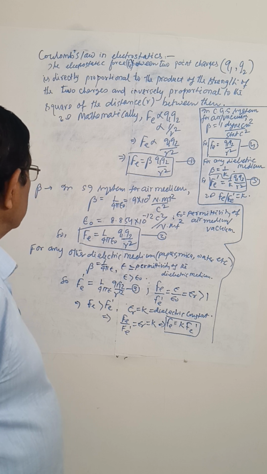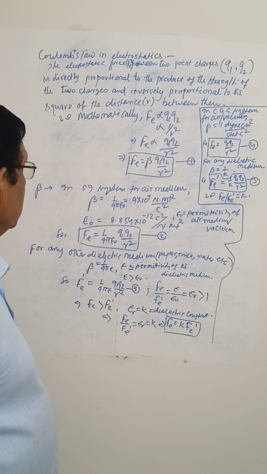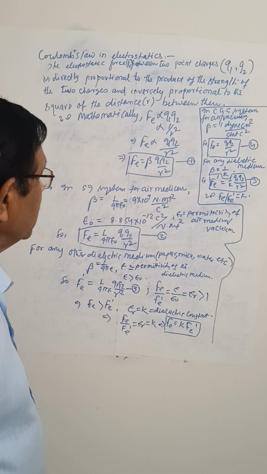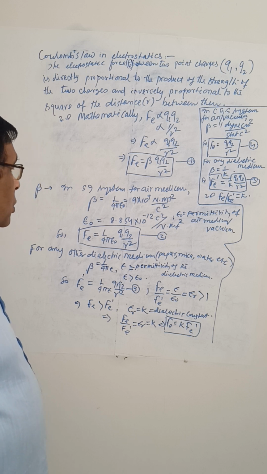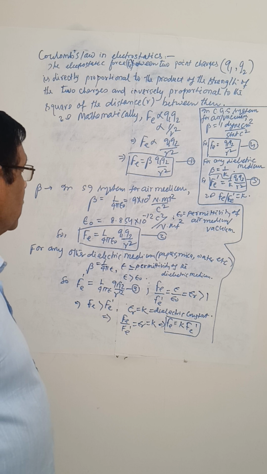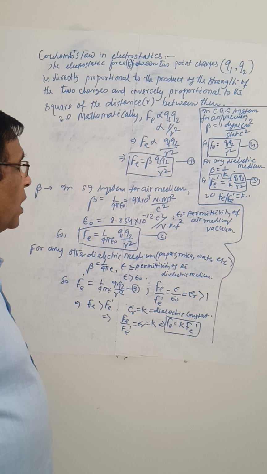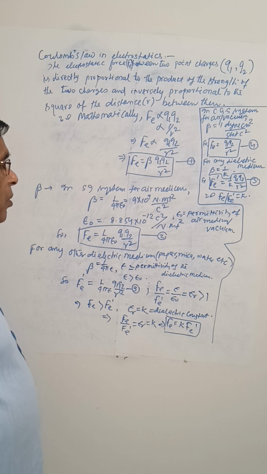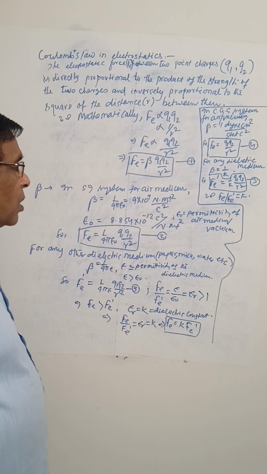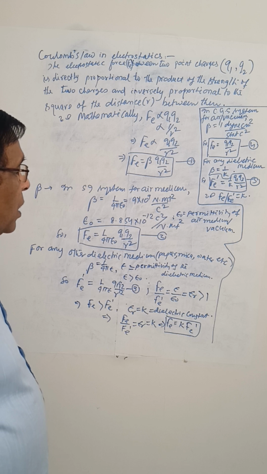In the SI system for air medium, beta is given as 1 by 4 pi epsilon 0, which is equal to 9 into 10 to the 9 Newton meter square by Coulomb square, where epsilon 0 is 8.854 into 10 to the minus 12 Coulomb square by Newton meter square, and is known as the permittivity of air or vacuum. This is one of the electrical properties of air, and the same as vacuum.